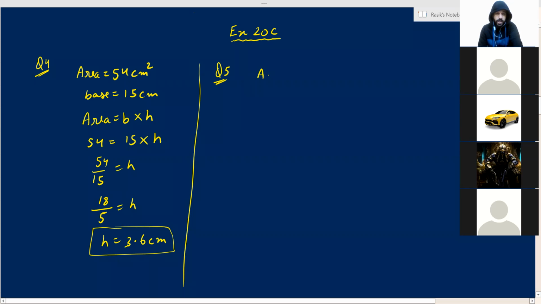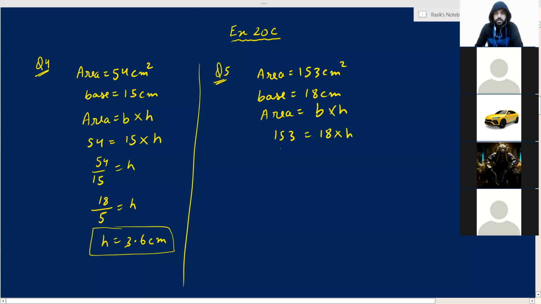So here also area of the parallelogram is given, 153 centimeters square. Base of the parallelogram is given 18 centimeters. Again, we have to find the height. Area is equals to base into height. 153 equals 18 into h.